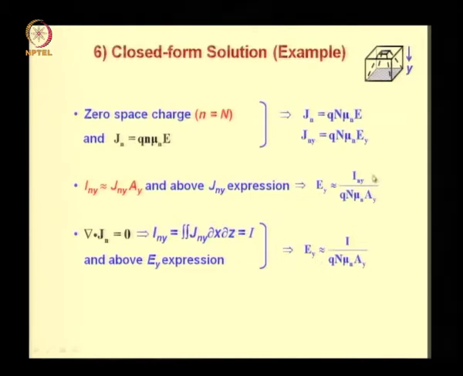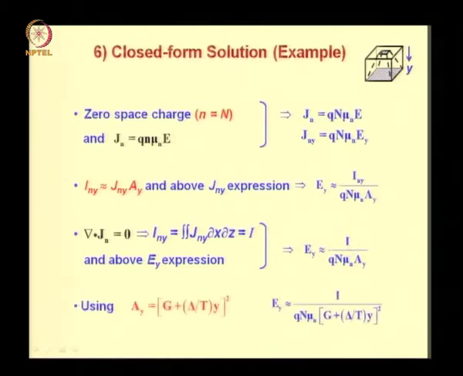All that we have done here is replaced the electron current at any y by the current at the contact. Now using the formula for the area of cross section of the current flow at any y, this equation gets modified to this equation.